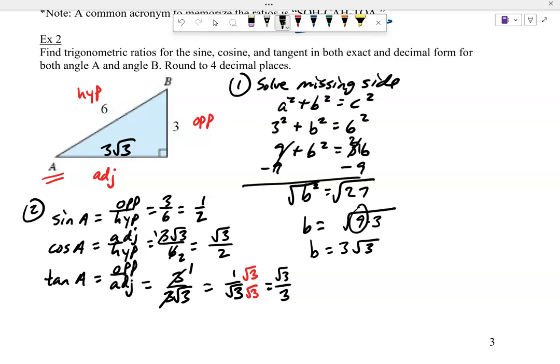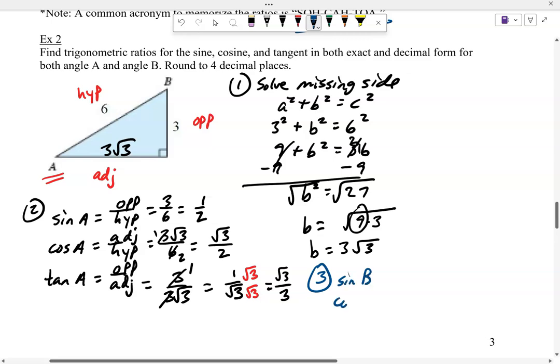Now, because it asks us to do the 3 trig ratios for angle B as well, let's do that over here.